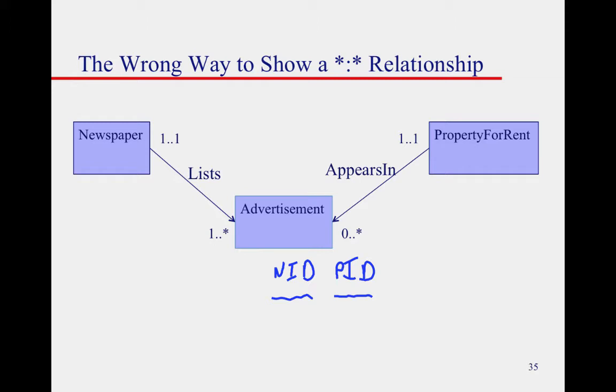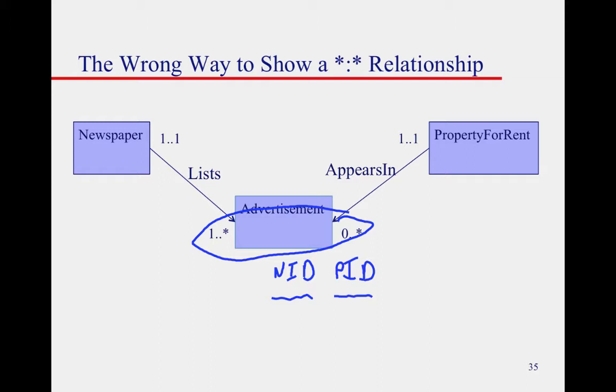So when you see something like this, where you have two what I call one-to-many relationships coming into the same entity, make sure that you haven't accidentally used two binary relationships to represent a many-to-many relationship. Now, maybe it's legitimate, and they're two very different things, but in this case, it's not so.